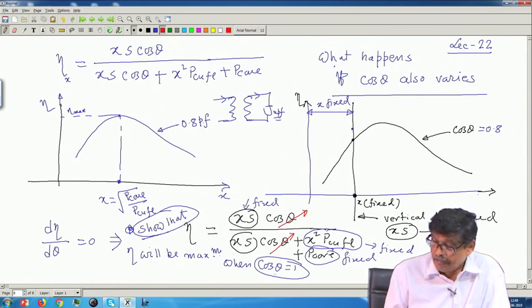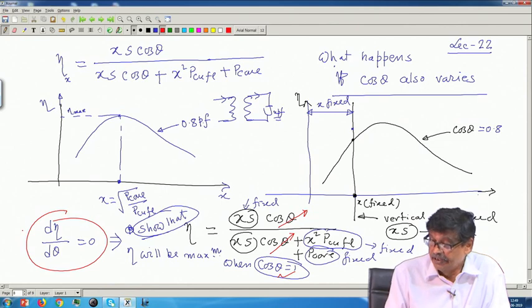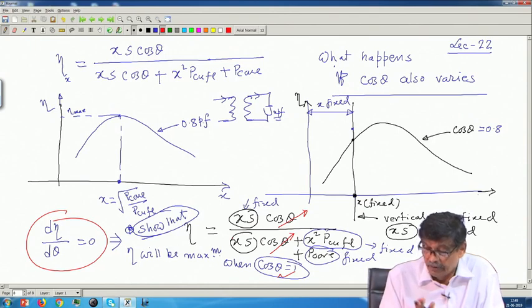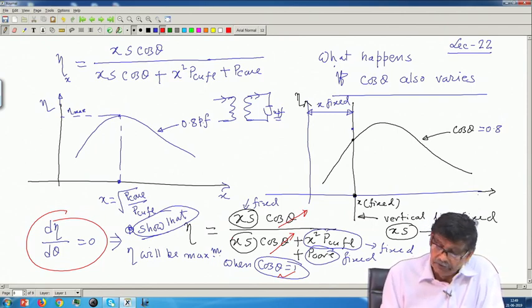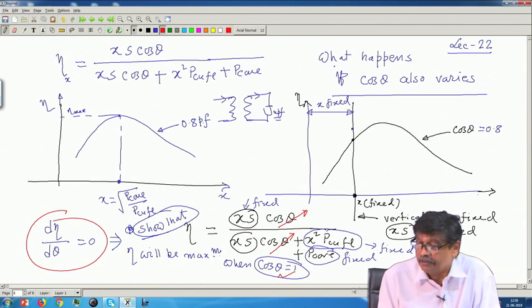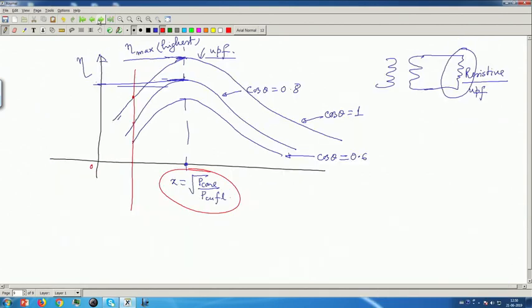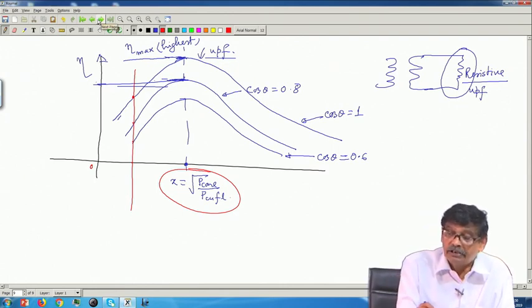At cos theta equal to 1, you have to differentiate this expression by noting that now you will not change kVA, only power factor you will change, differentiate it, set it to 0, and come to the conclusion that if cos theta equal to 1, that efficiency will be maximum. It is very interesting to note. So, that is all.